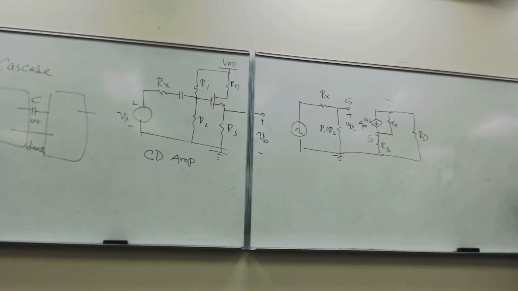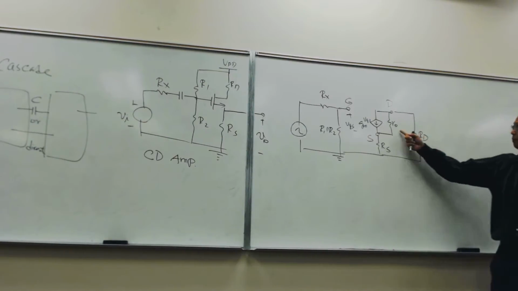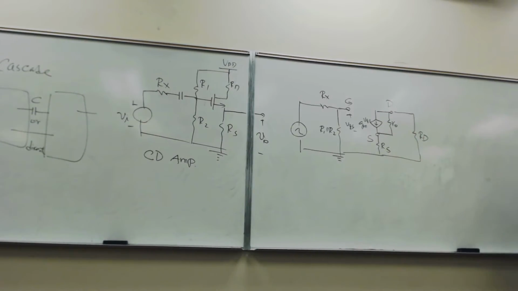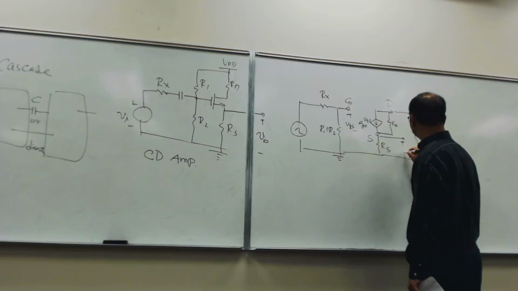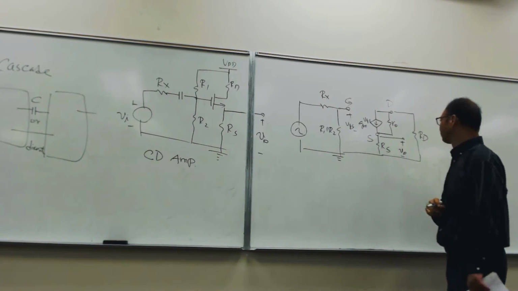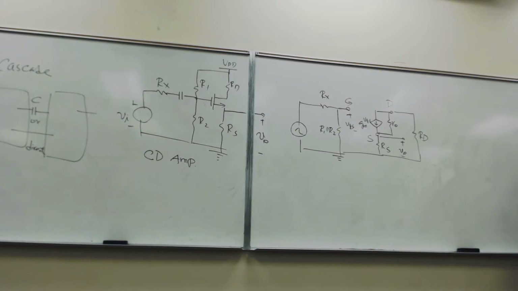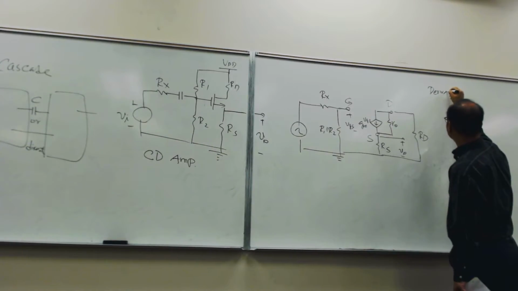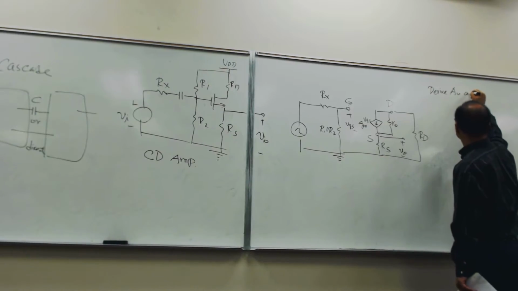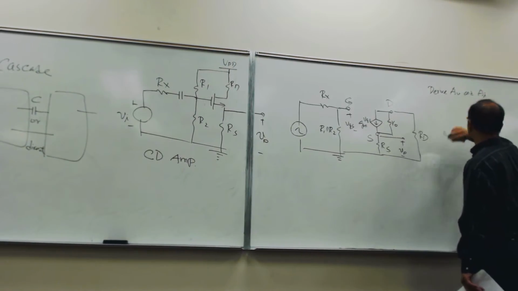It has all the components, even R sub O, right? Okay, where's the output? Right here, right? Okay, so let me just derive A sub V and A sub I, right?